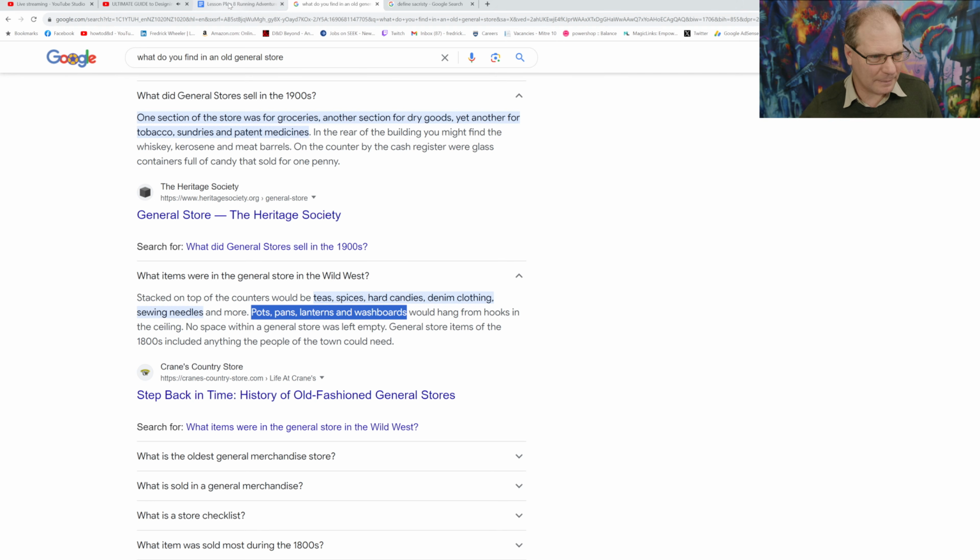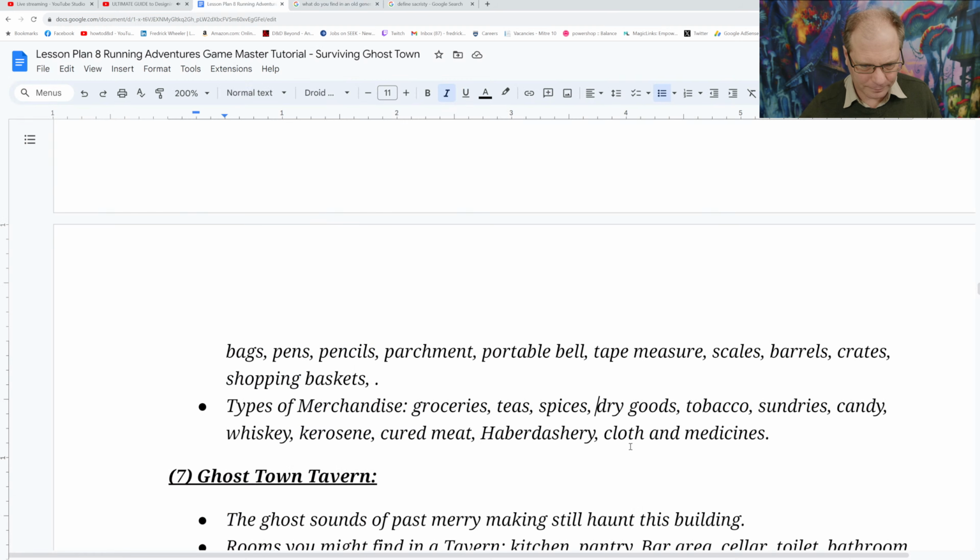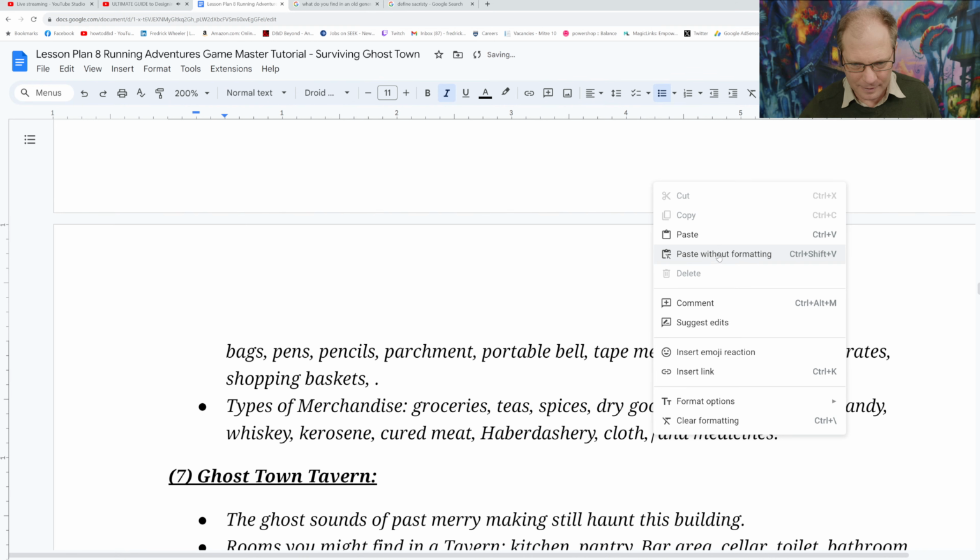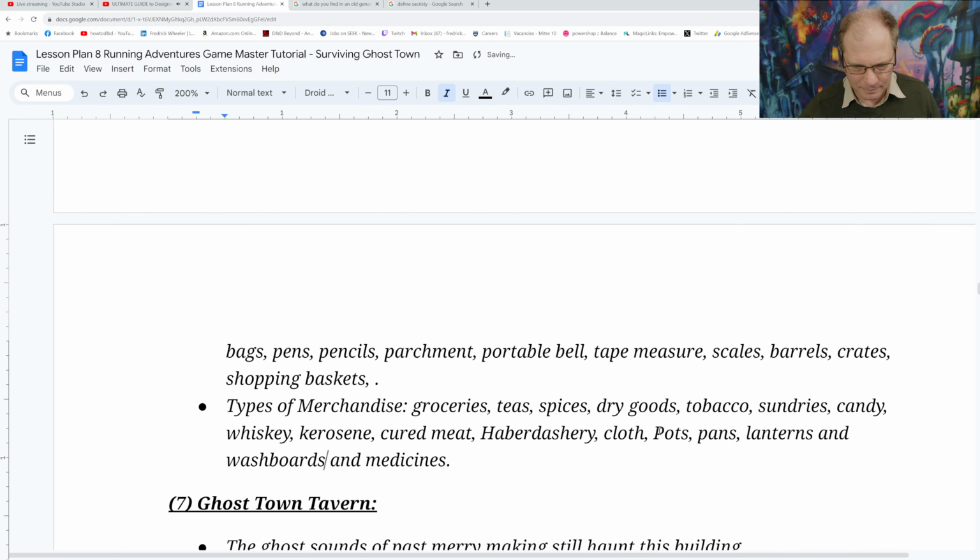Okay, let's do that. And put a comma, and that'll be enough. Paste. Pots, pans, washboards. Okay. Biltong. It's cured meat, right? Biltong is just cured meat, as far as I remember.